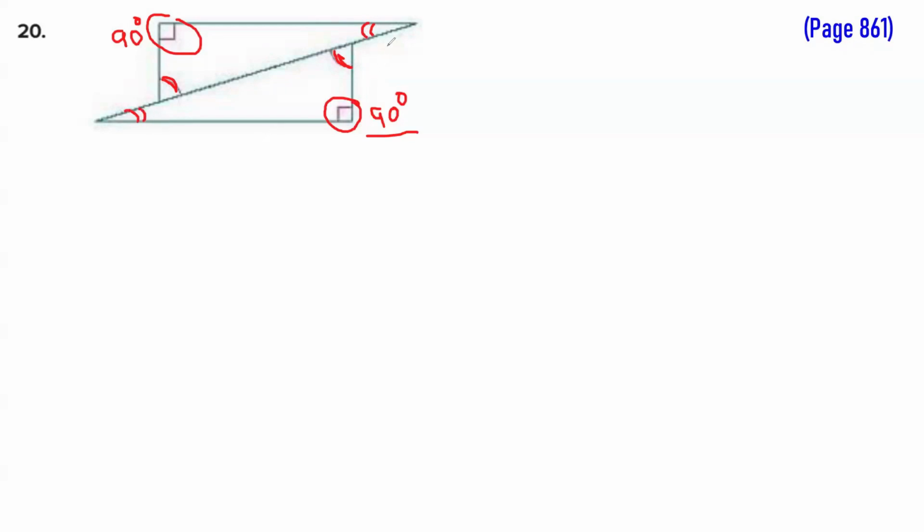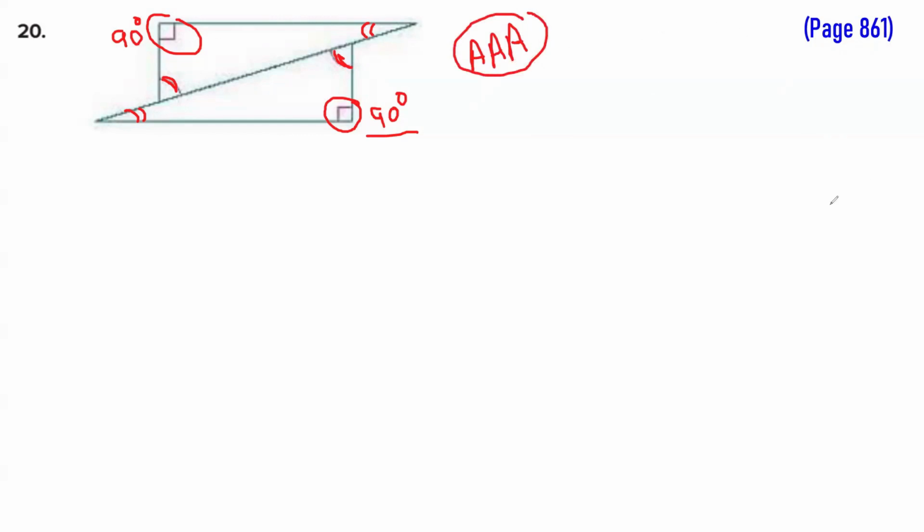The problem is nothing is mentioned about the sides. So I can't say that these two triangles are congruent just by AAA, or angle, angle, angle. That can be used to prove similarity, not congruency.